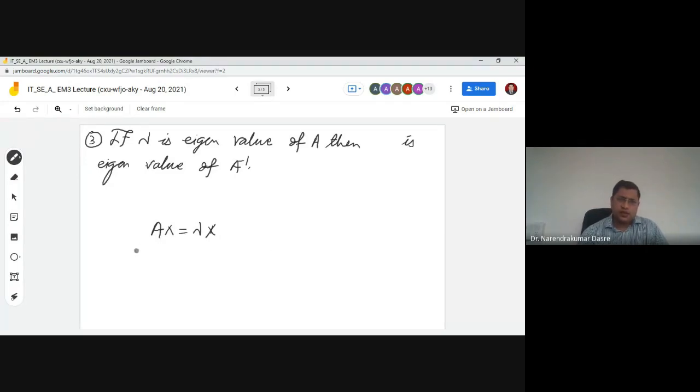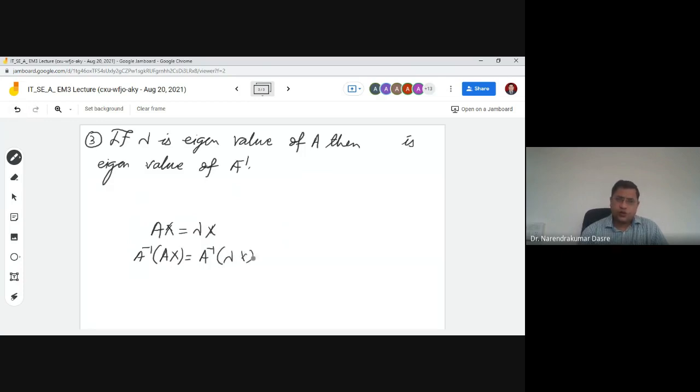Now A is a matrix and lambda is a scalar, so we can multiply this by A inverse. Multiplying by A inverse, we have A inverse into lambda x.